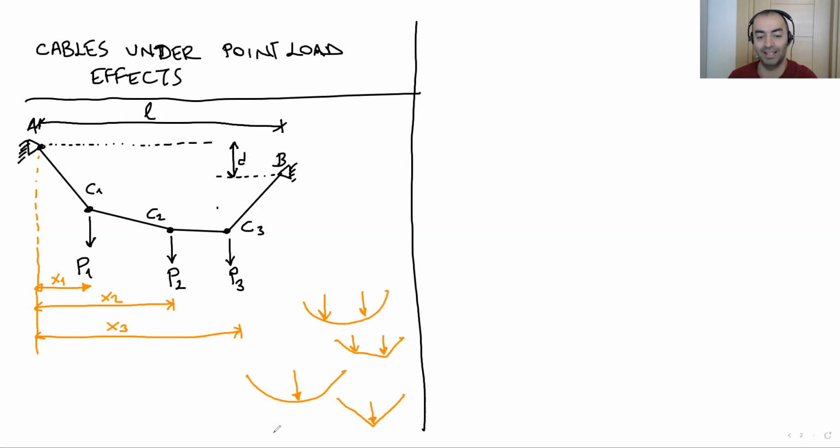So in between these point loads, the cable will be like a straight member. In this example, at the left-hand side sketch I've drawn in black, you can see there are 3 point loads. So the cable acts like a straight member. It gets a straight shape actually.